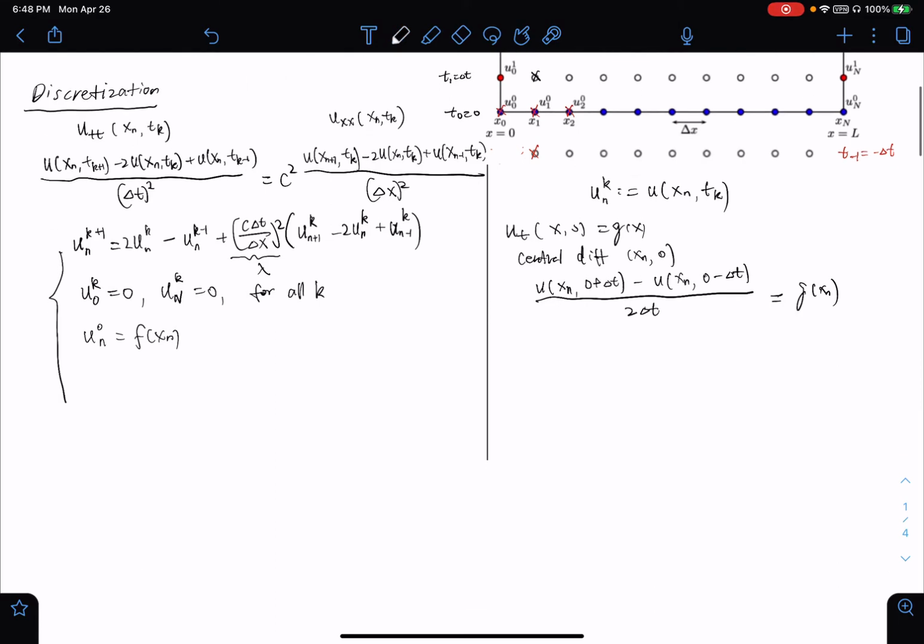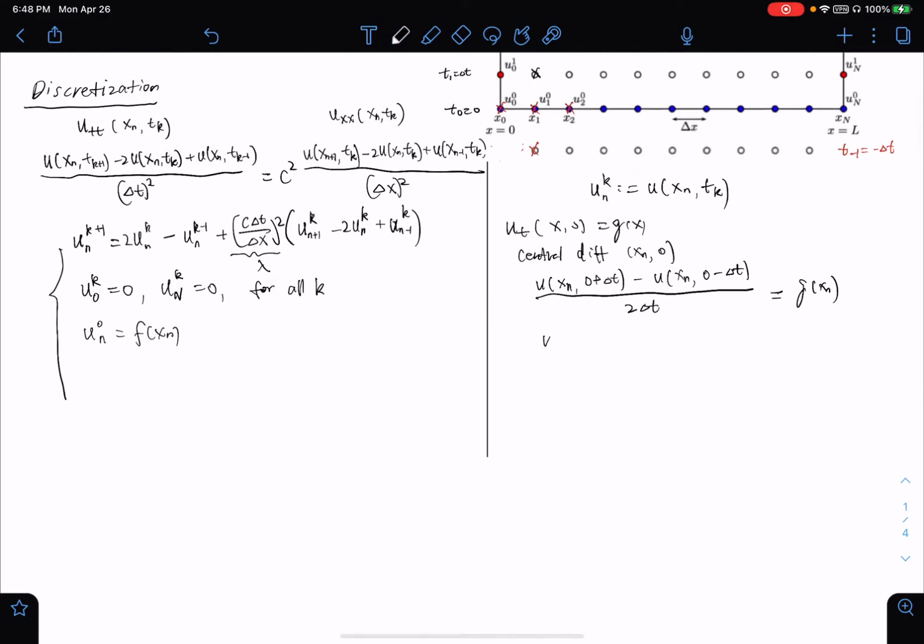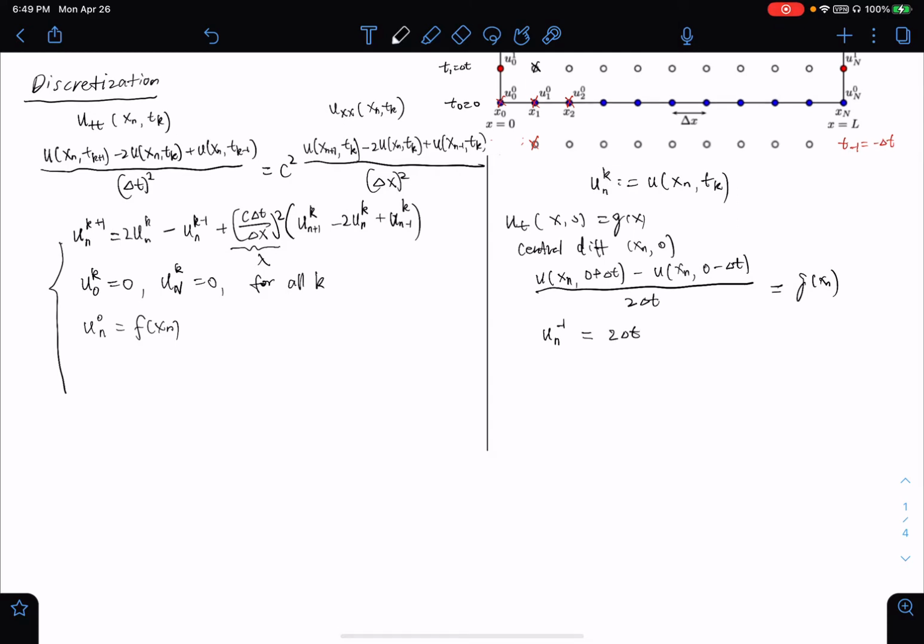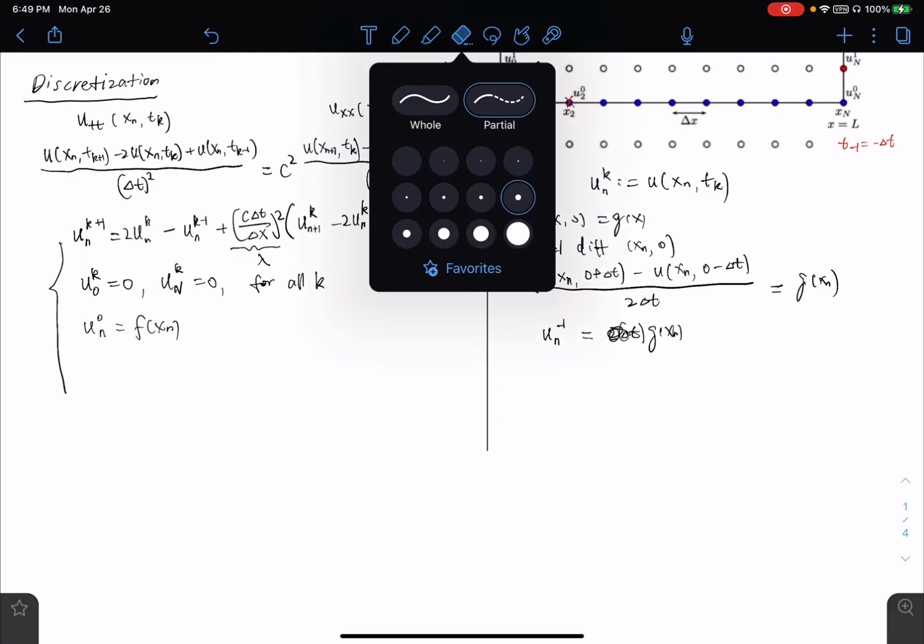Let us do some algebra and then write down the specific relation. So using this shorthand notation, we have u_n at time step minus 1 is equal to u_n at time step 1 minus 2 delta t times g of xn. So let me write it down again.